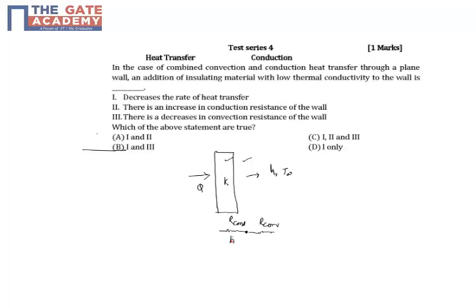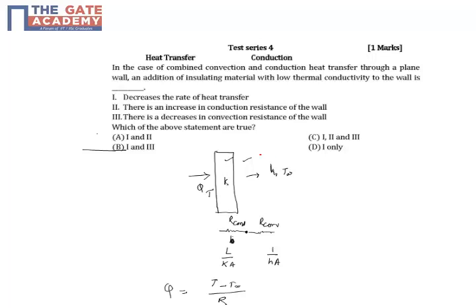Conduction resistance is L by KA, where A is the area of cross section, whereas convection resistance is 1 by hA. The heat transfer will be the temperature difference, T minus T infinity, divided by the total resistance.